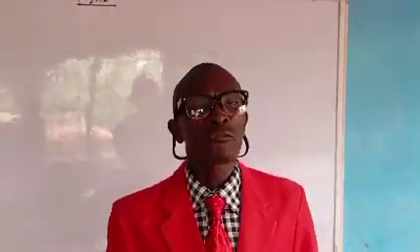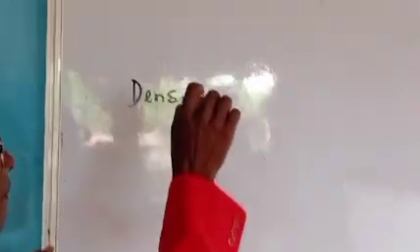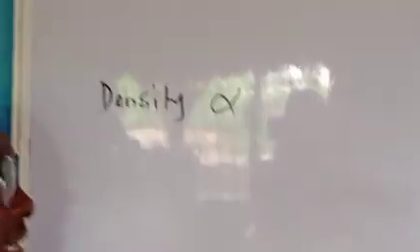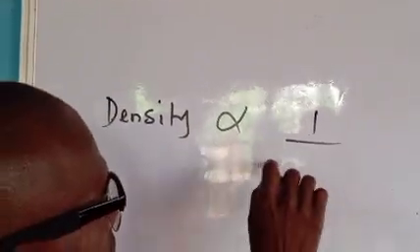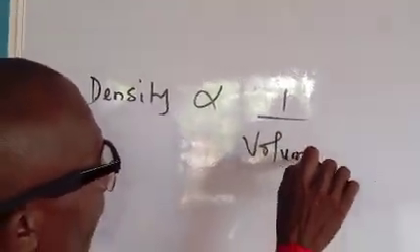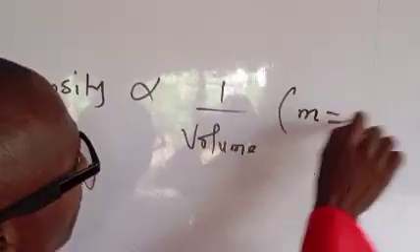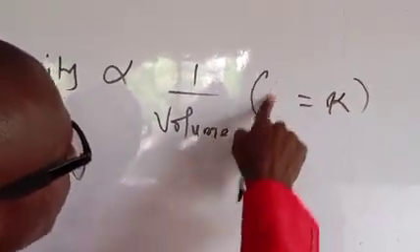So in other words, from our explanation here, we can see that density varies inversely as volume, with mass constant.